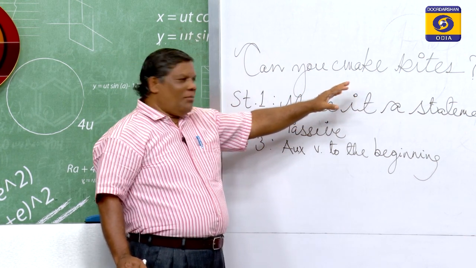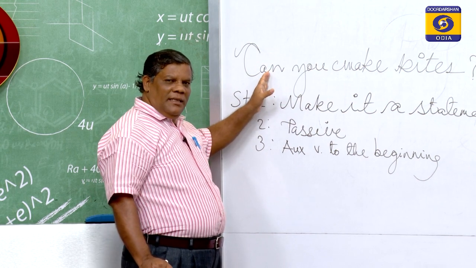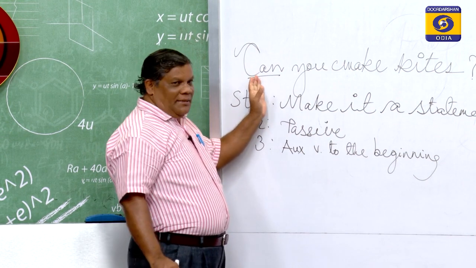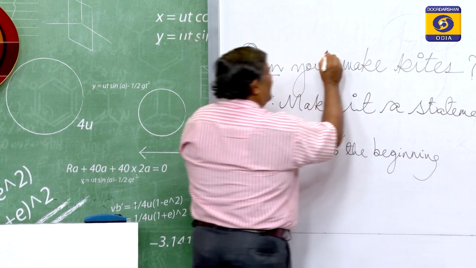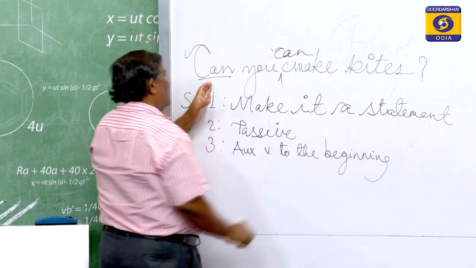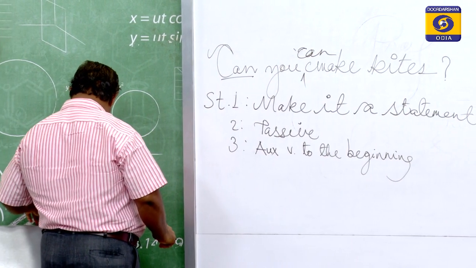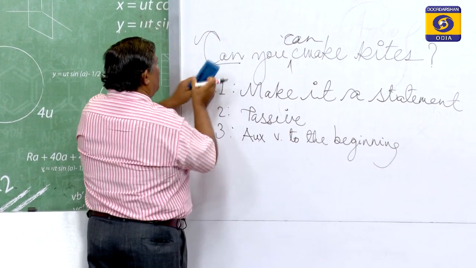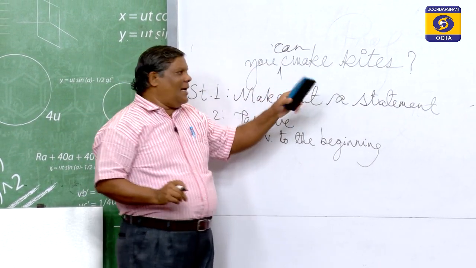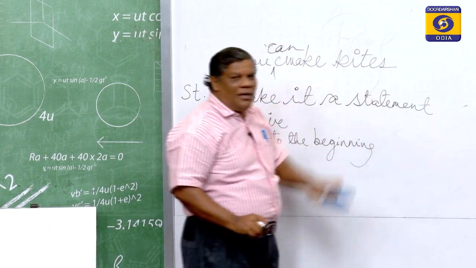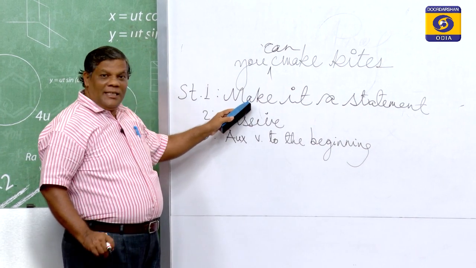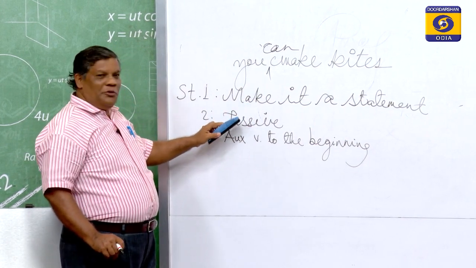It is a question sentence, and because the auxiliary verb is here in the beginning, can, if you shift it here, you see, the sentence is you can make kites, and it becomes a statement. Question mark goes. Now it becomes a statement. Now come to the stage 2.